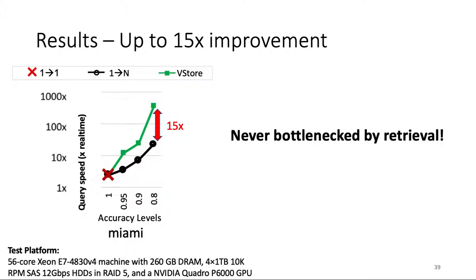However, this baseline is bottlenecked by the retrieval. The green line is our system, and it outperforms the baselines by 15x because it is never bottlenecked by retrieval. And when accuracy goes down, the query tolerates cheaper video formats, and the retrieval is also proportionally cheaper.